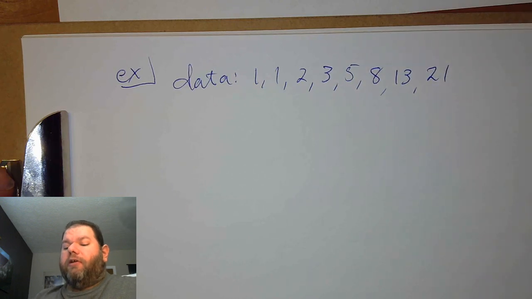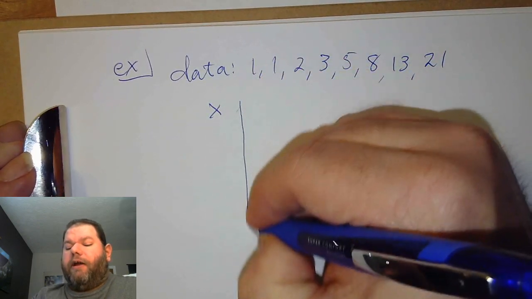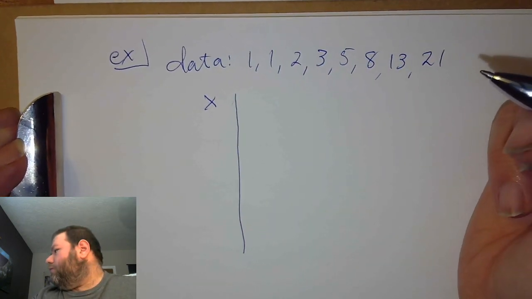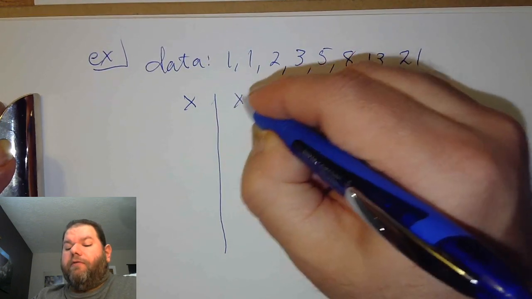I'll just use 8 terms here, because that'll be relatively easy to work. So we need a column for x, and we also need a column for x squared.